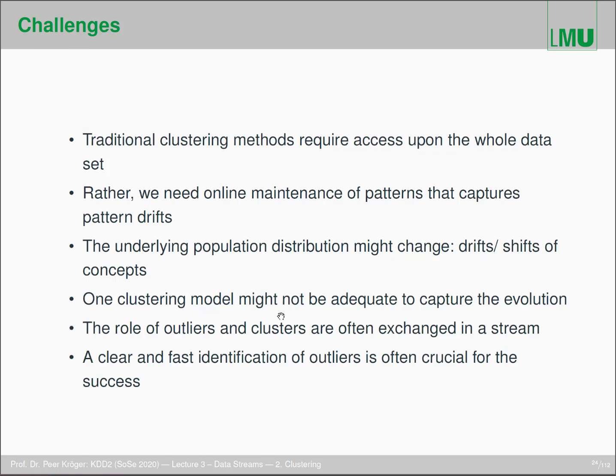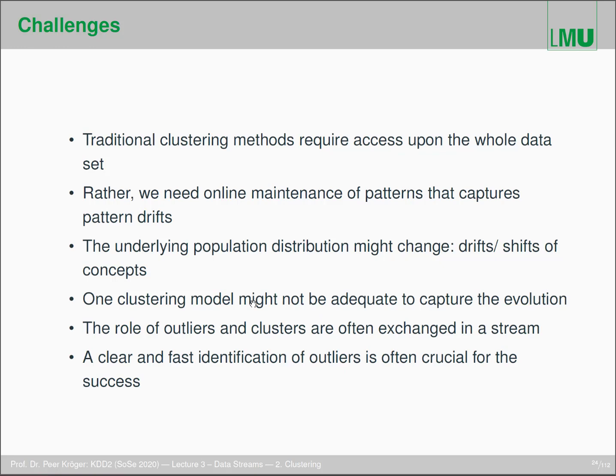One clustering model might not be adequate to capture the evolution. So it may be that for a given time slot, in an ideal case, one specific cluster model is best. So for example, the data distribution follows, for example, K Gaussian distributions, so an EM Gaussian mixture model clustering would be perfect. But then for some reasons the data distributions change, and the patterns change to form arbitrarily oriented structures, and then DBSCAN would be better.